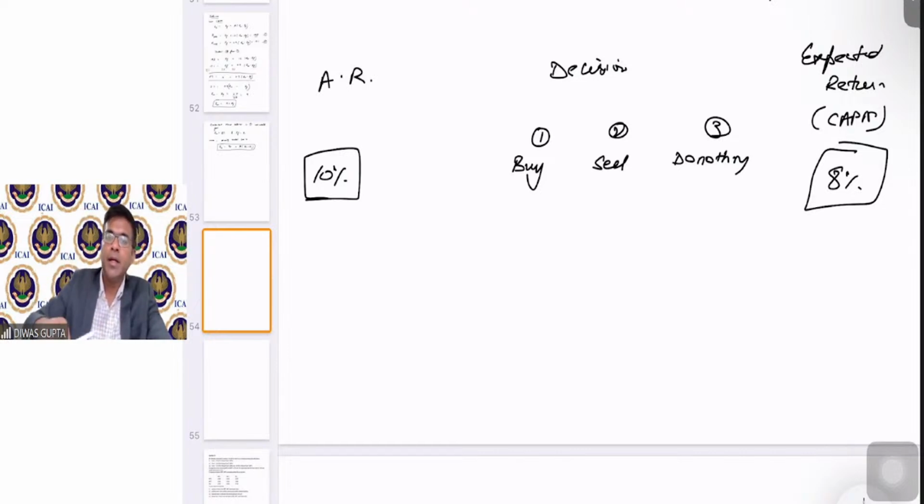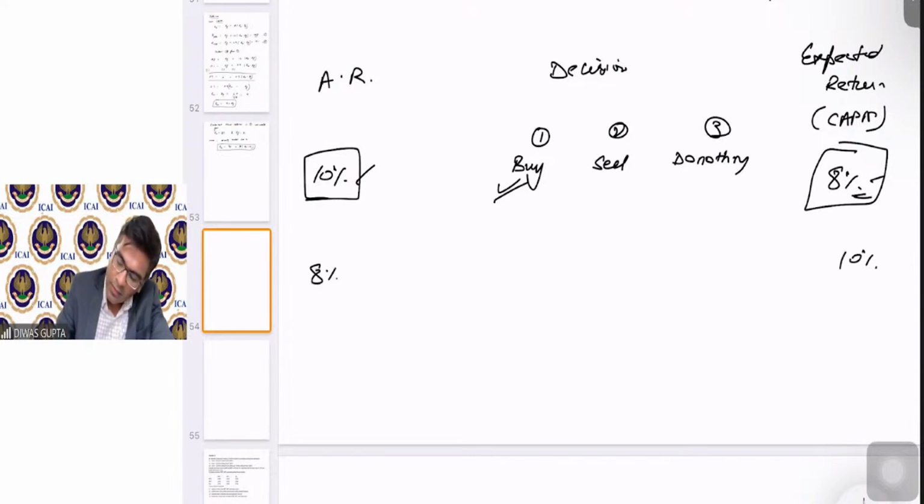Okay. So students, if the calculation is denoting a lower number, but the market is giving you a higher number, you will buy that, correct? Because you will say that for the same level of investment, my calculation was saying that I should get 8%, but I'm getting 10%. So I should go buy that and take the benefit of 10%. Now, for this case, what will your answer be? You will sell.